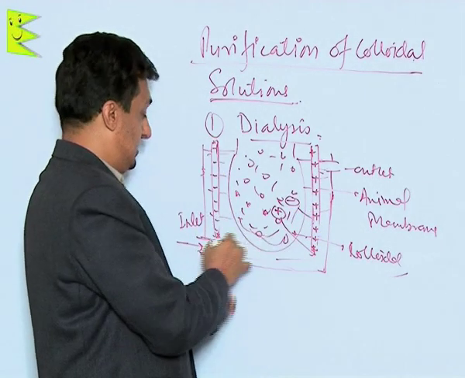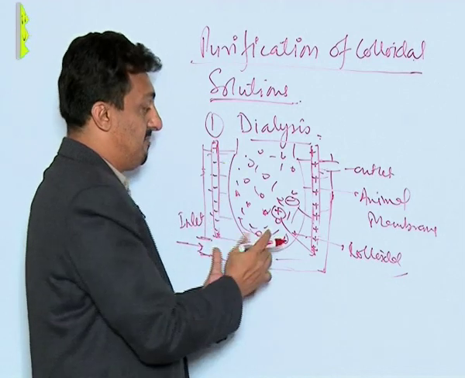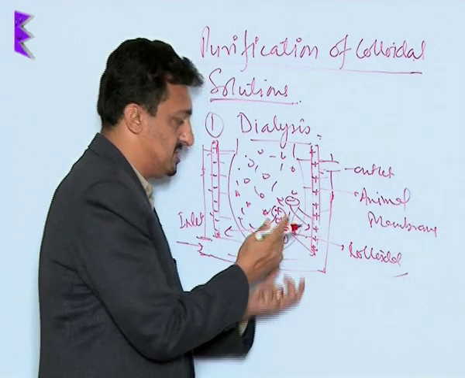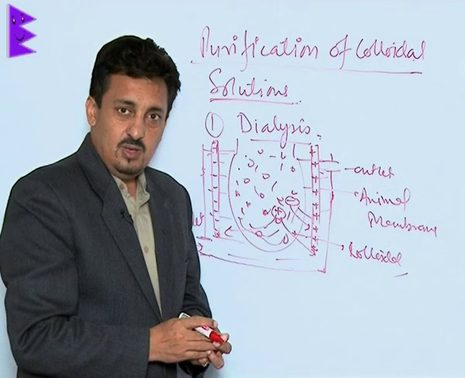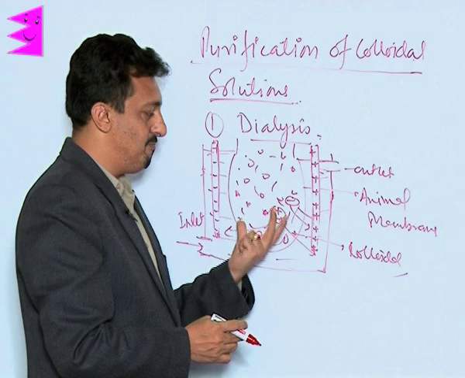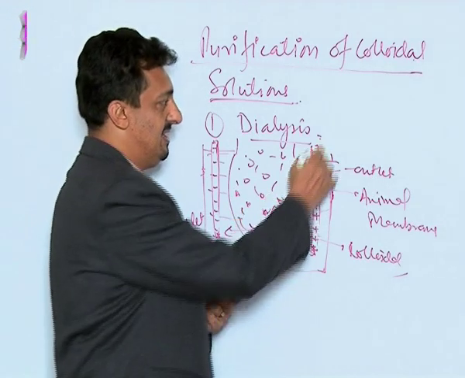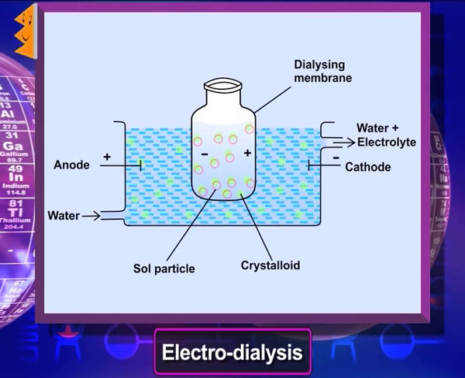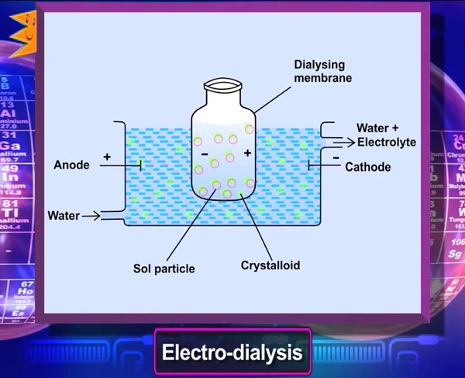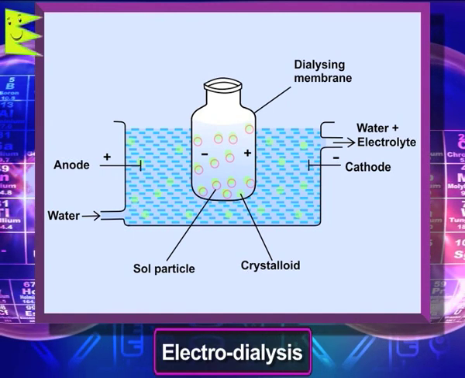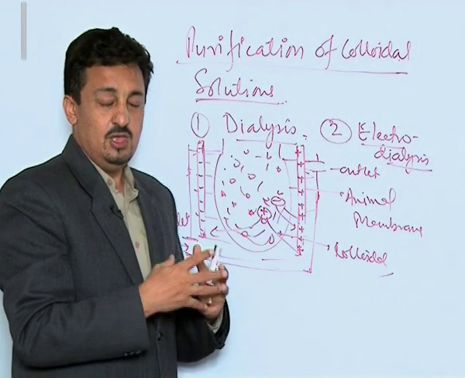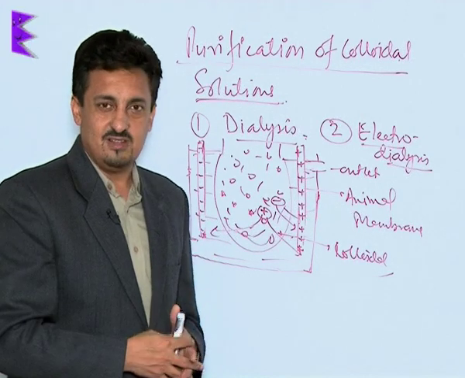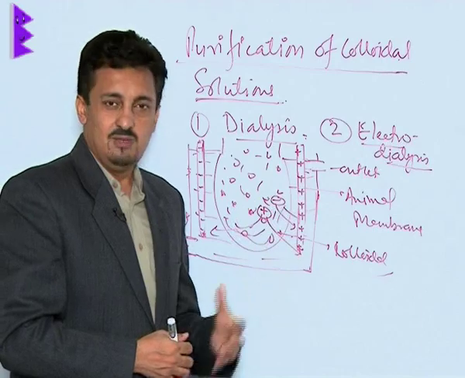What happens is this dialysis becomes very fast because these ions will move towards the respective electrodes at a much faster rate. So when this dialysis is done in the presence of an electric field, this becomes the second method. It's called electrodialysis. So dialysis and electrodialysis are the two methods of purifying the colloidal solutions, and these are very effective methods to separate the soluble impurities.